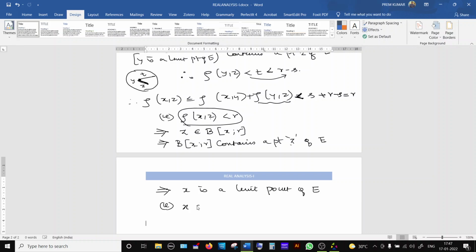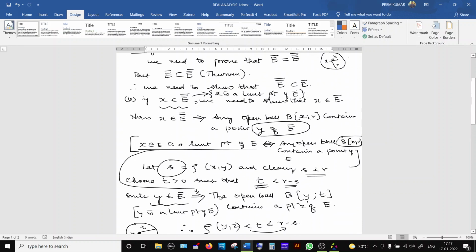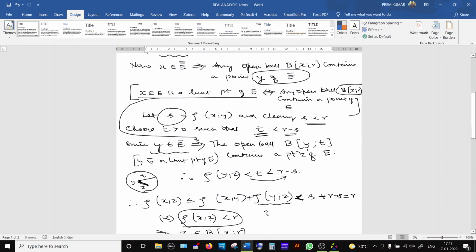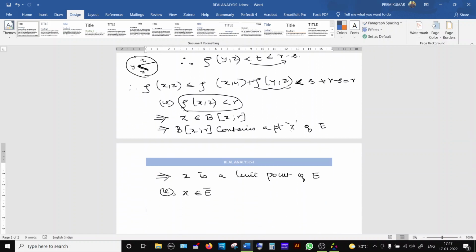That is, X is an element of E bar. Now what we assumed in the beginning, X is an element of E double bar. Finally what we proved? X is an element of E bar. Therefore E double bar is a subset of E bar. Already the other way is always true.